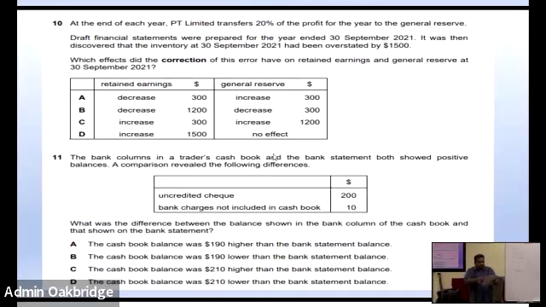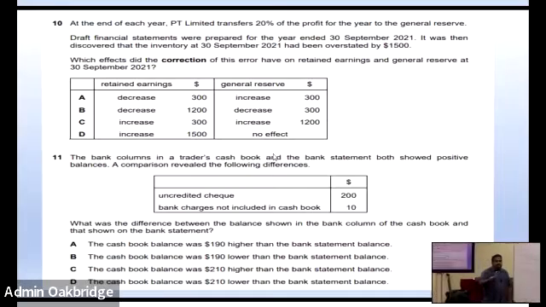Between these two, which one will you update, the cash book? You must remember your bank reconciliation statement. What will you use to update the cash book in these two? That means they are telling you that these two are the differences they identified for why the bank column in your cash book and the bank statement are different.